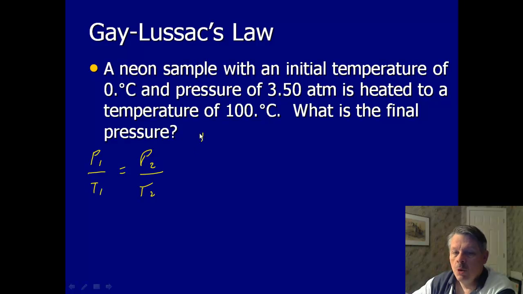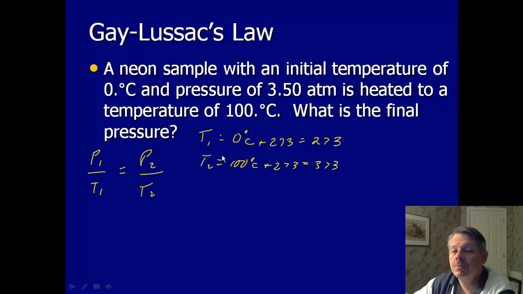All right, hopefully the first thing you did was notice your temperature was in Celsius. If you have 0 degrees Celsius, you have to add 273 to it. So that becomes 273 for your initial temperature, and your final temperature would be 373. And our initial pressure is 3.50 atm.